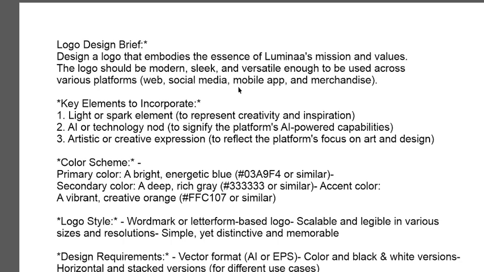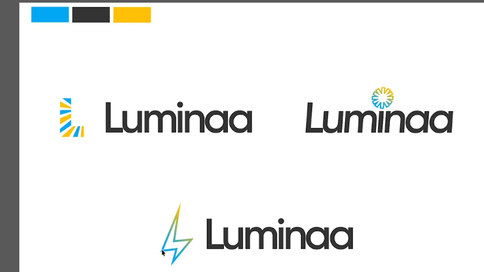And from what you said, the key elements that the brand brief said we should use are a light or spark element to represent creativity. Now, if you look at the options that we have here, the Lumina here is looking like a thunderbolt, and if you look very, very closely, you find out that the Lumina thunderbolt is also looking like the letter L, right? For those that were around yesterday, we created a letter L. If you want to see how we constructed this logo, you check the video I sent yesterday.